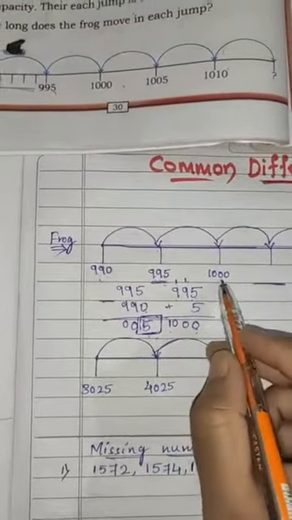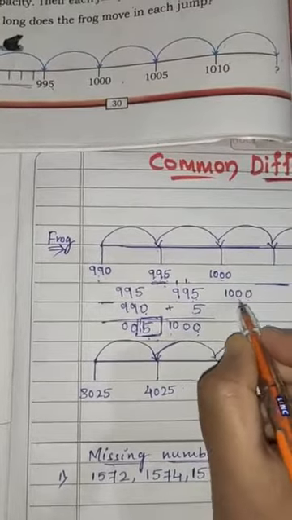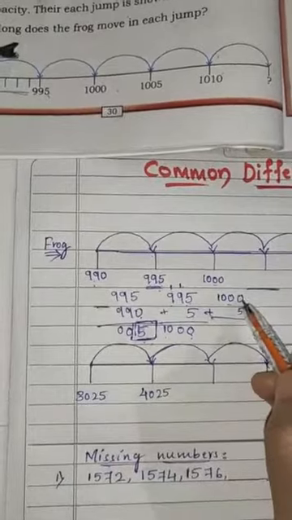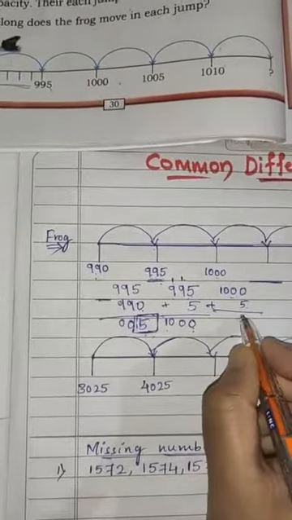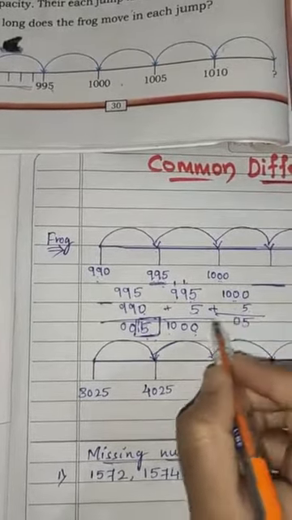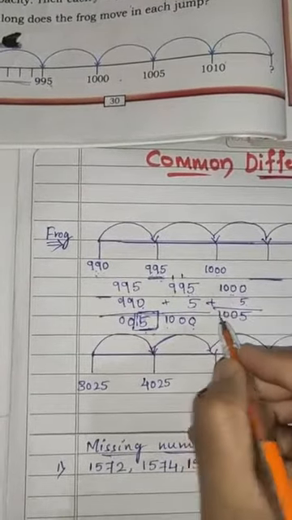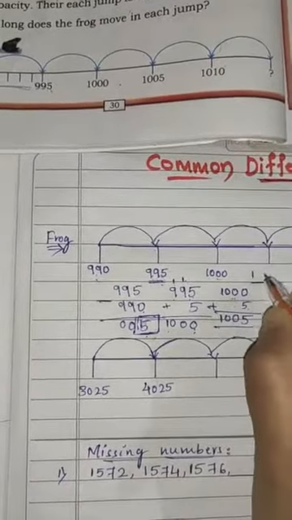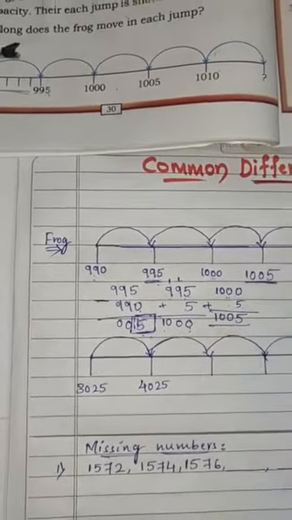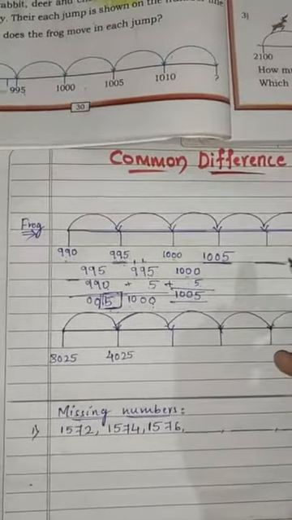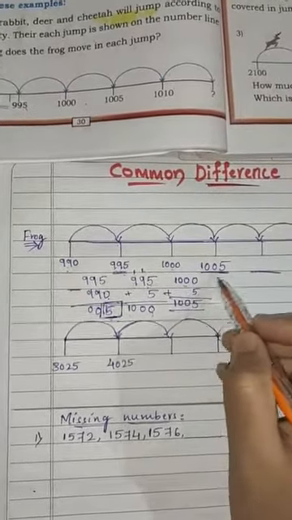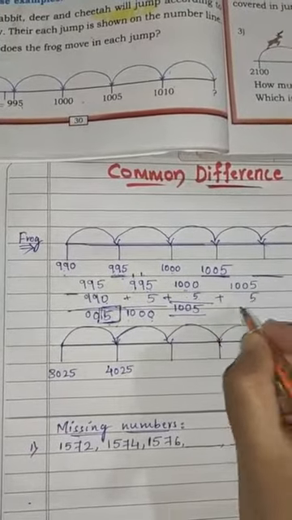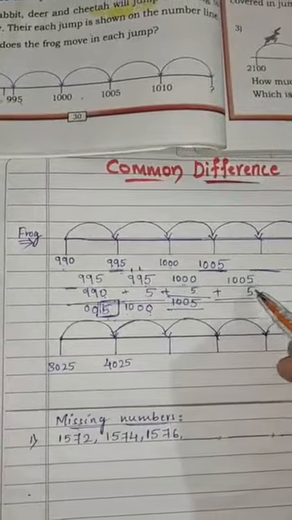Again, what do we have to do? Yes, again we have to add 5 to this 1000. 0 plus 5 is 5. The other 0s come down, and the 1 comes down. So what is the answer? It is 1005. So we'll write here 1005. Right? Okay. Next one. Again, what do we have to do? Yes, we have to add 5 to this number. 1005 plus 5. 5 plus 5 is 10.